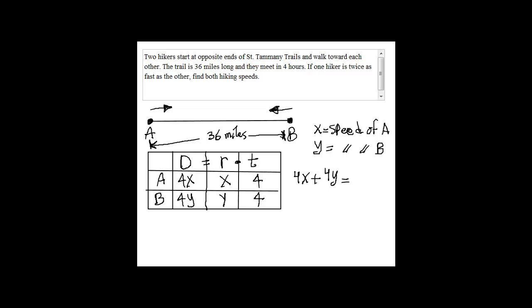Which is what? Anybody? 36, right? That's the total distance between A and B. So that would be one equation. The second equation is x equals 2y, because one goes twice as fast as the other one, so that's what you assume. And these would be the two equations that you work with.